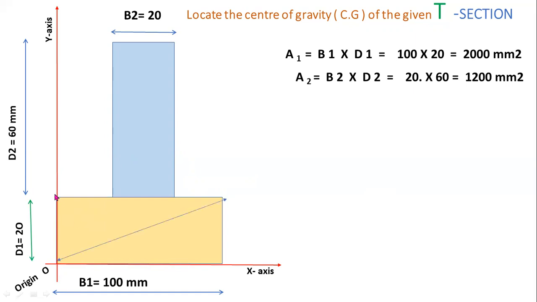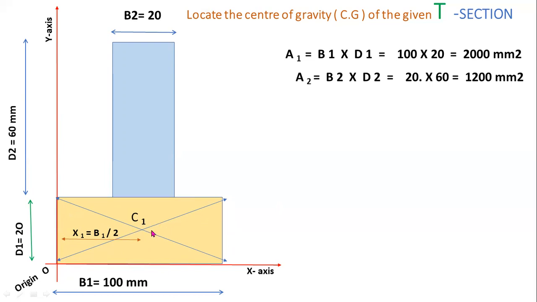Now you have to draw a diagonal line for locating the centroid of a bottom rectangle. This intersecting point is the centroid of a bottom rectangle. Let C1 be the centroid of a bottom rectangle. Now x1 is the distance of centroid C1 from Y axis. Already we know that centroid of a rectangle always lies at the midpoint, that is half of the base and half of the height.